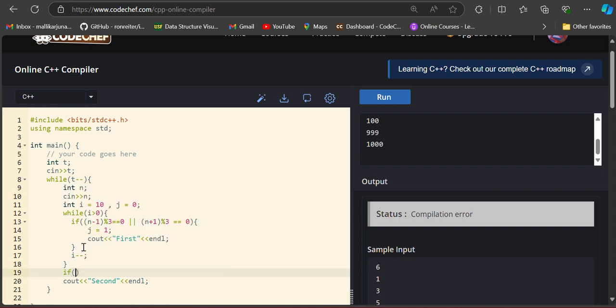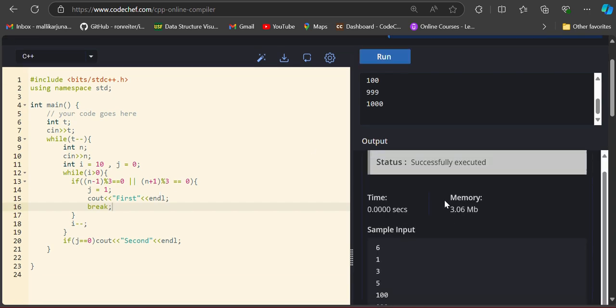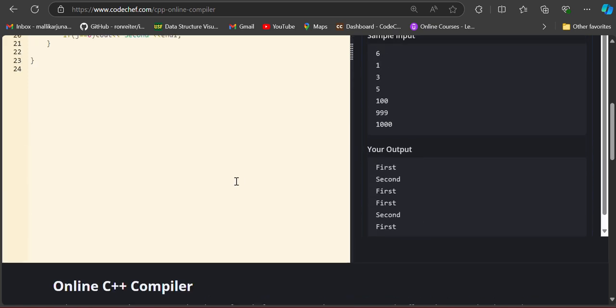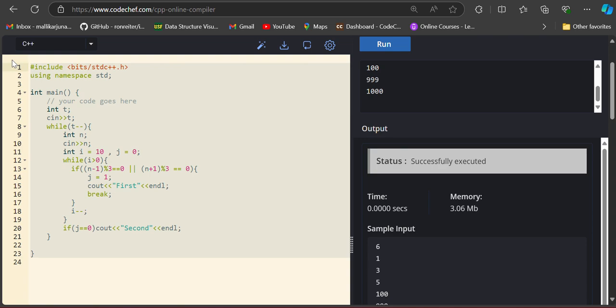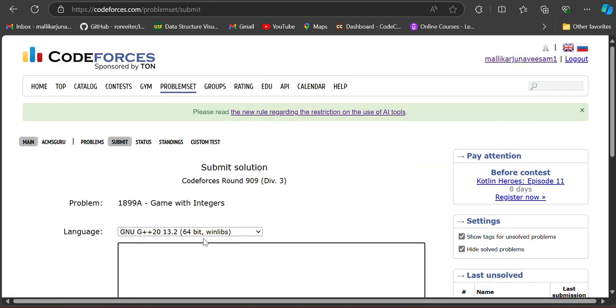And if j is equal to 1 only, or j equal to 0 only, then the inner condition is not actually satisfied. Once it is satisfied, we have to break. We don't need to run further. First, second, first, second, first. I wonder if this could even show the errors. Let's try to submit the code.